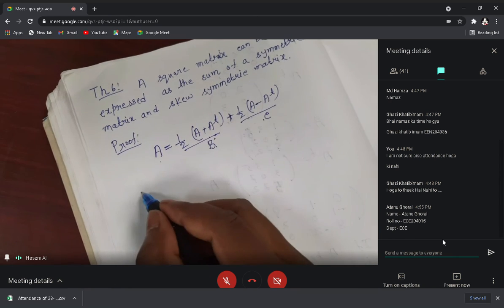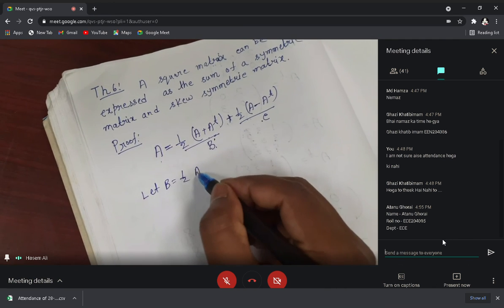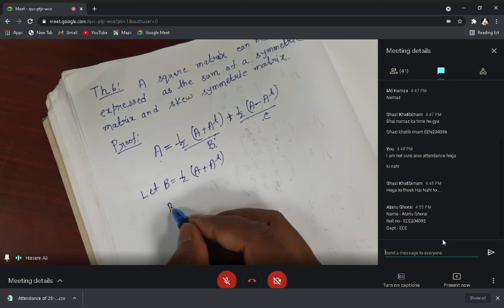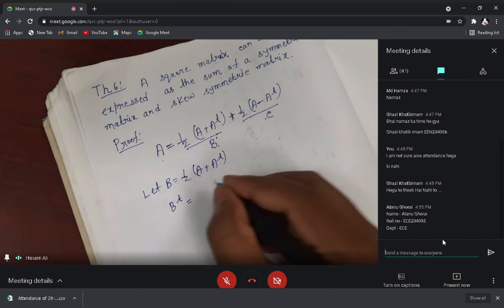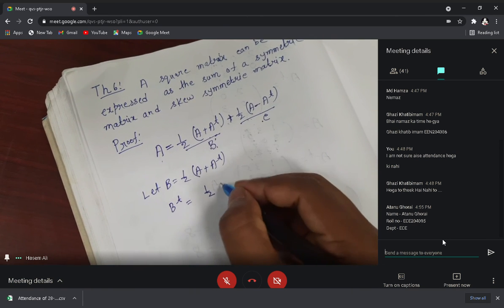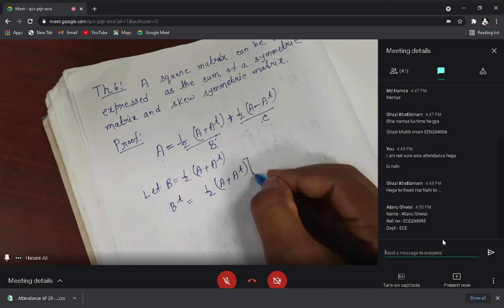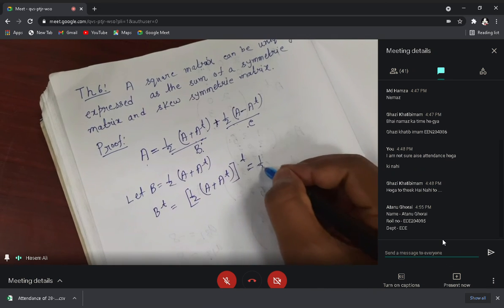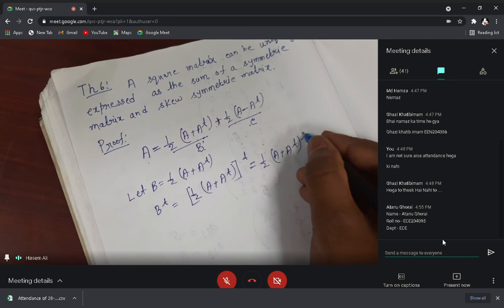Let B equals half of A plus A transpose. So what is B transpose? This will be half of A plus A transpose, whole transpose.